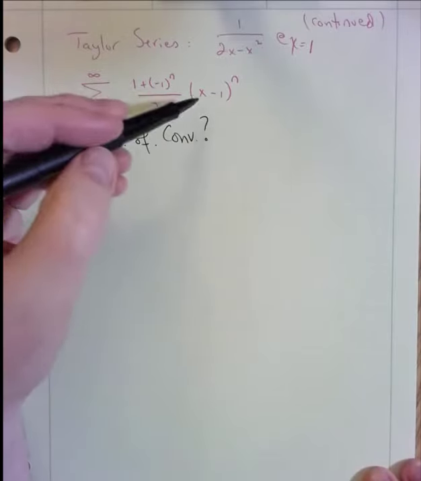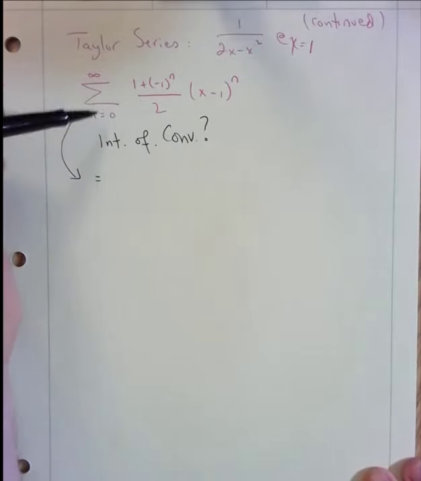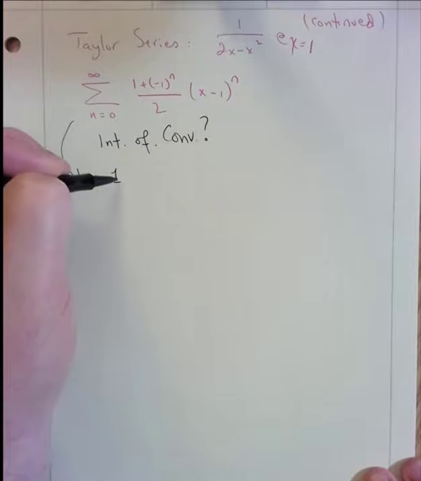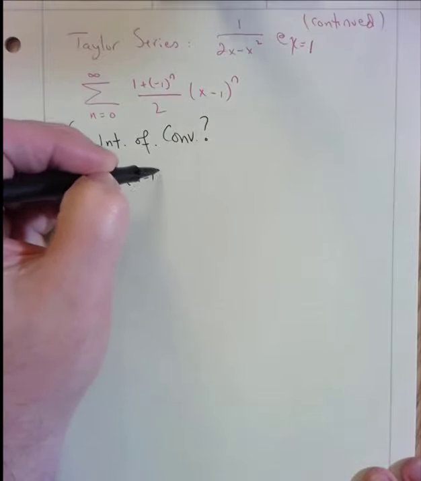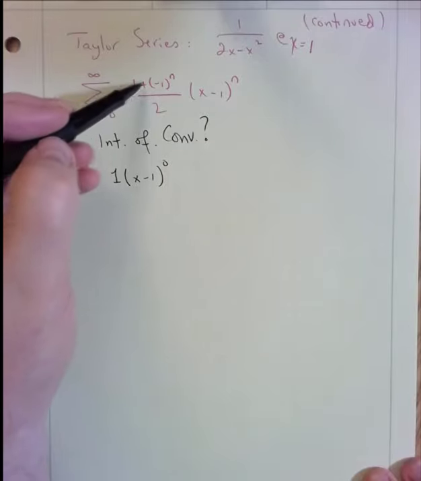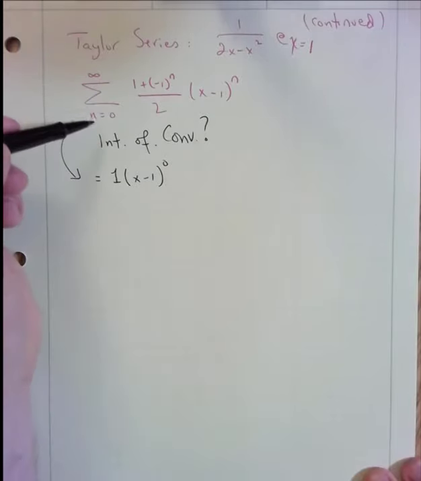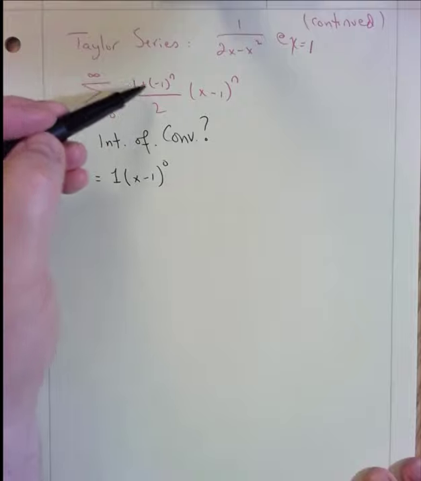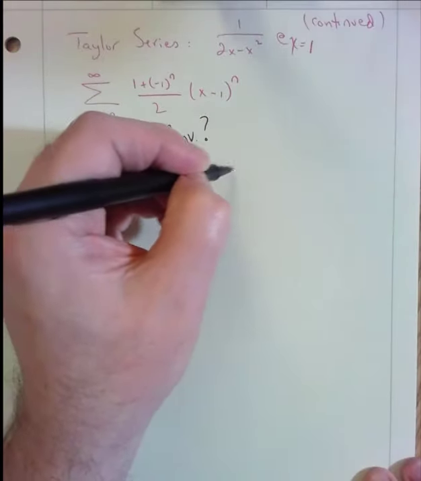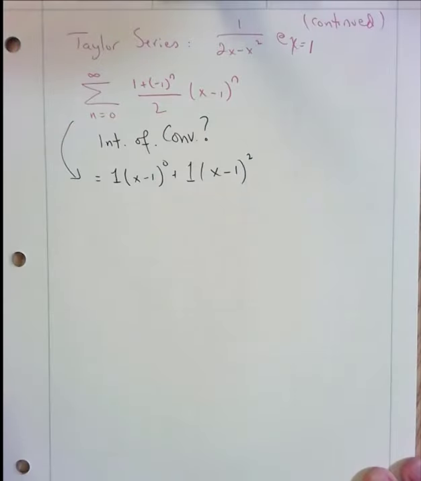Let's just look at the first few terms of this series without the summation. When n is 0, we'll get 1 plus 1 over 2, which is just 2 over 2, which is 1, times x minus 1 to the 0. When n is 1, this numerator is going to be 0, so the whole thing's gone. When n is 2, we're going to get 1 plus 1, or 2, over 2, and then the x minus 1 squared.